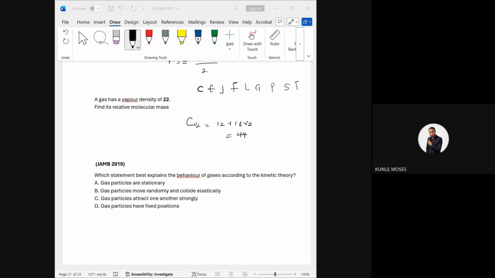So let's move to the second one. So who's the second person?